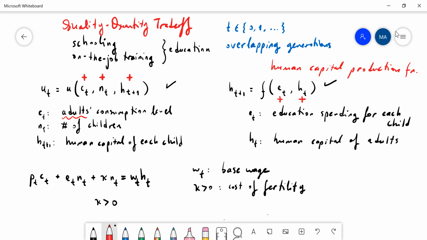Then you would realize we should also introduce the time cost of fertility. You can understand it even better with rho positive. What I did is this: this becomes labor supply.